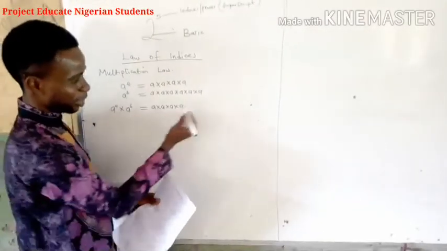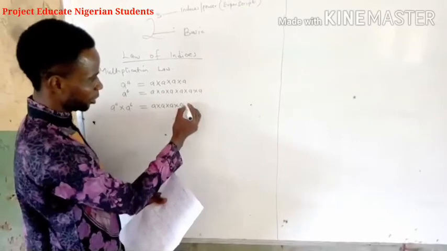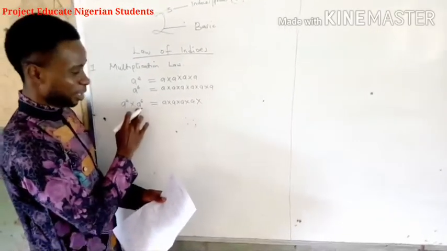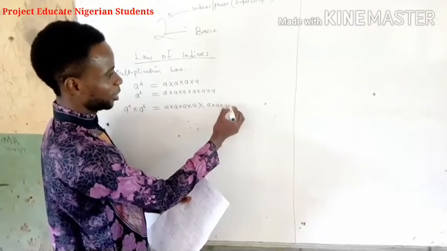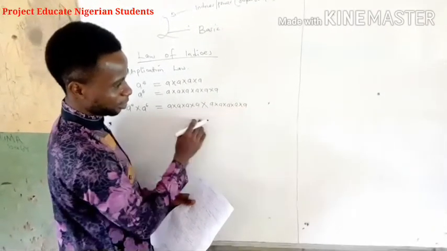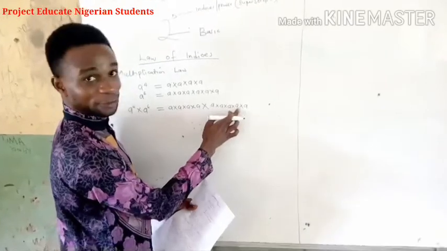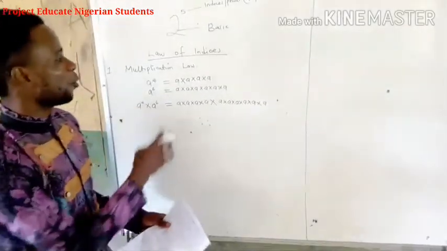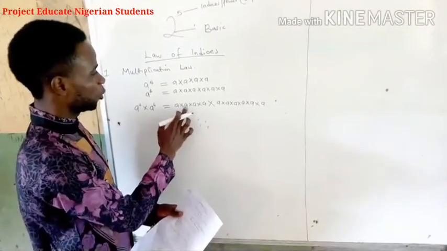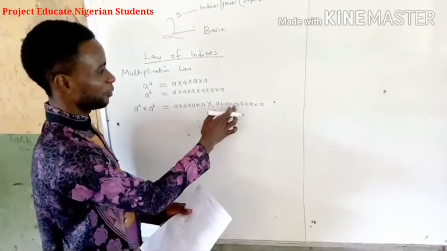Then your multiplication sign, let me write this bigger than the other so you understand where it stops. Then this a raised to the power 6 means a times a times a times a times a, how many? 1, 2, 3, 4, 5, remaining 1 times a. Now add everything together: 1, 2, 3, 4, 5, 6, 7, 8, 9, 10.